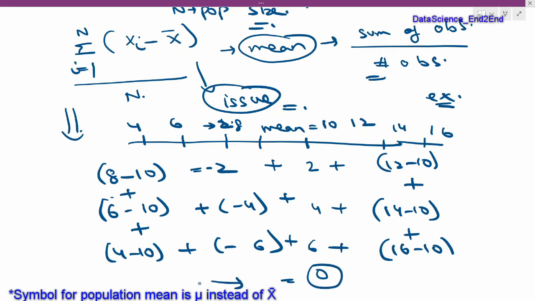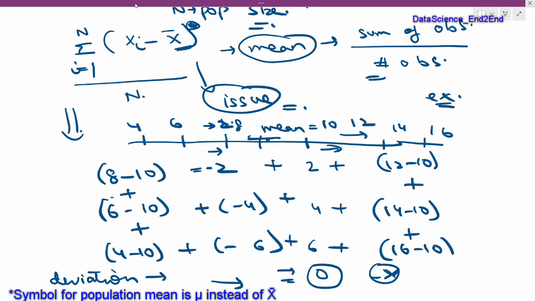So although there is a deviation in the data, as we can see, some points are below the mean and some points are above the mean. Currently we are not taking care of the fact that some elements can be below and some can be above the mean. This deviation is coming out to be zero, which is wrong.